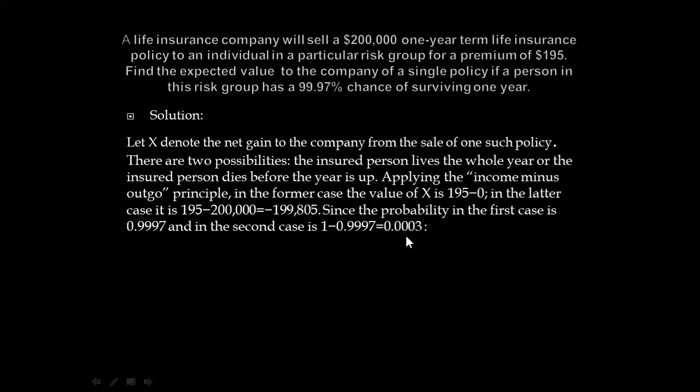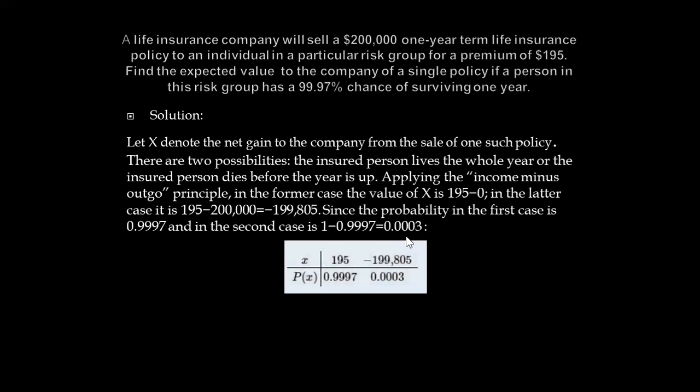The next part of the solution is to build the table of x and p of x. For x, we put the values of the money. If x is $195, the probability is 0.9997.